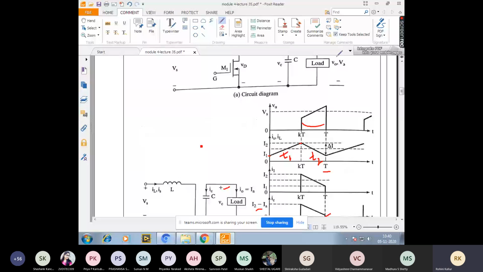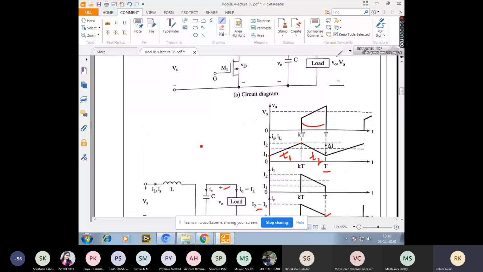The inductor current will fall until M1 is in the off condition. Whenever the device is turned on in the next cycle, the inductor current increments and energy is stored in the inductor. So during mode 2, it is the discharge of the stored energy in the inductor.